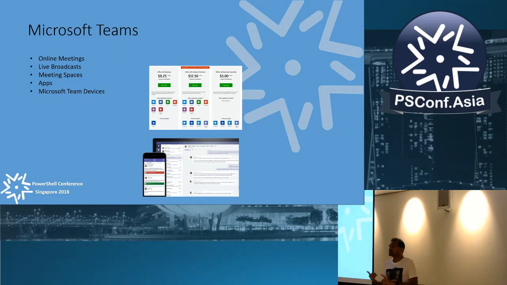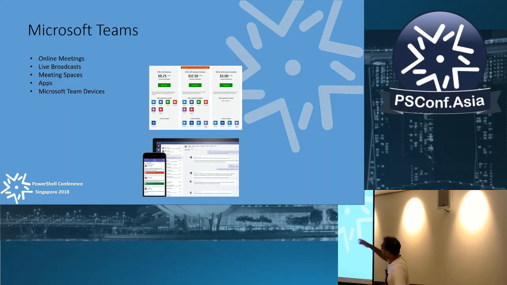The pricing model, if you see, there is a free version of Microsoft Teams. You can sign up using Live, but it has limited features. There is a feature comparison of the free plan and your commercial one. But if you have an Office 365 business subscription, then it comes along with Microsoft Teams.